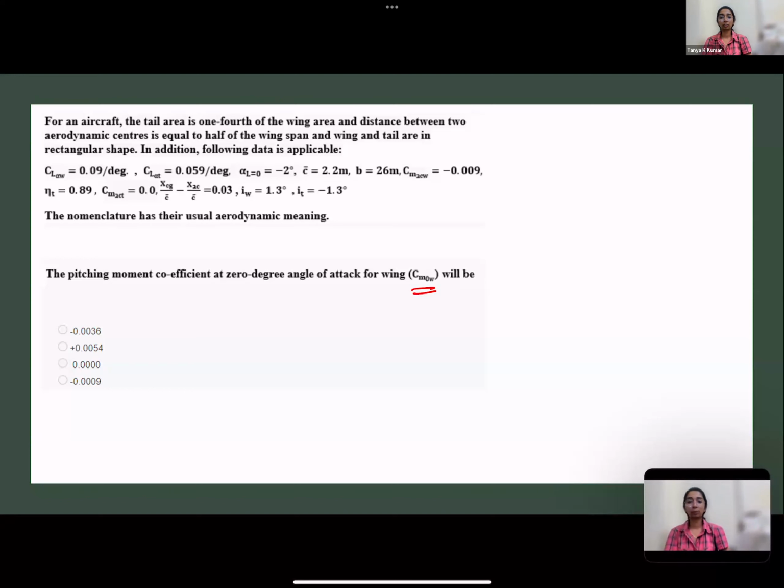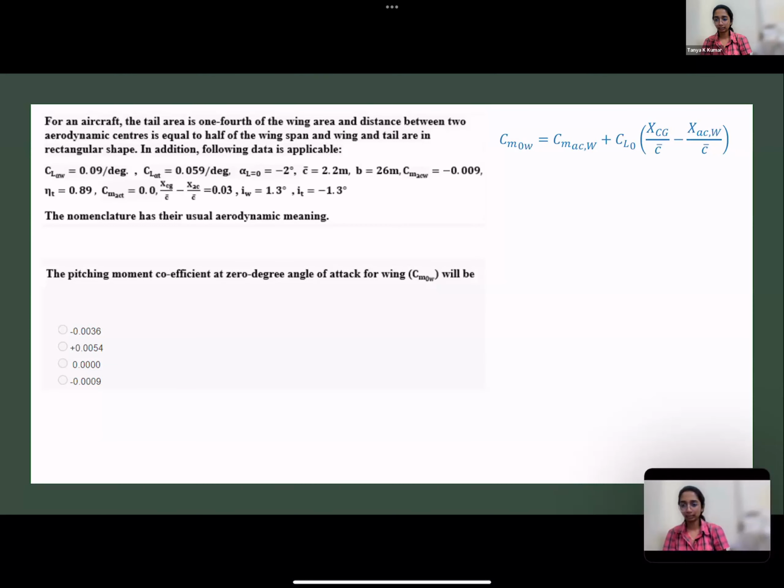CM naught contribution of the wing. This is the formula. Yes. Can you try and solve this now?